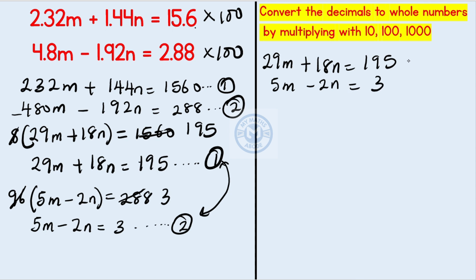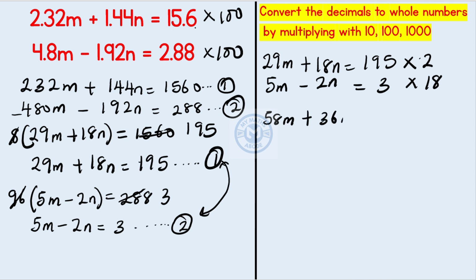So I want to eliminate n. Multiply here by 2 and multiply here by 18. So 2 here will give me 58m plus 36n equal 390, and 18 multiplying here will give me 90m minus 36n is equal to 54.